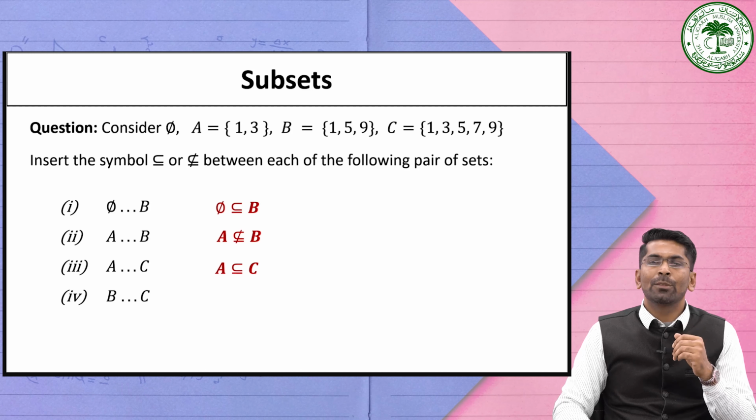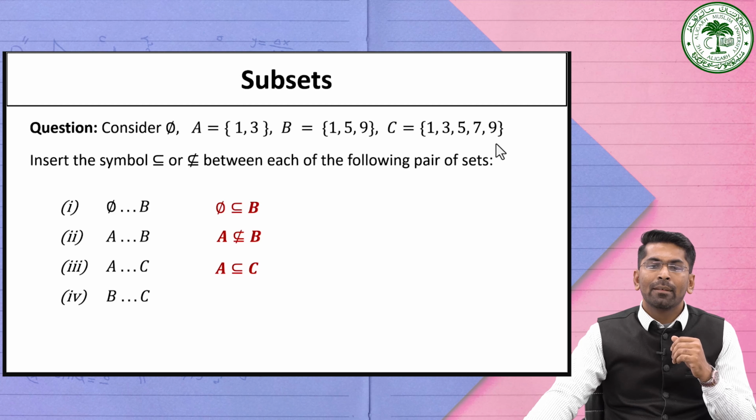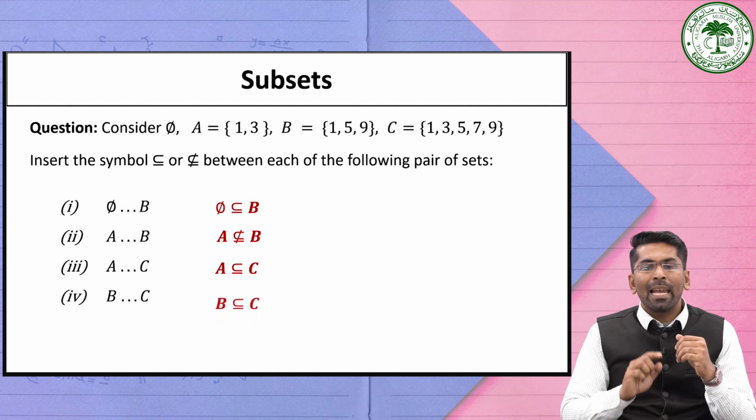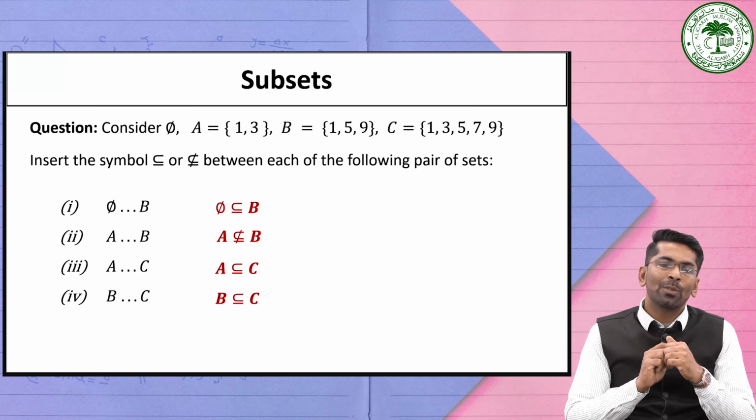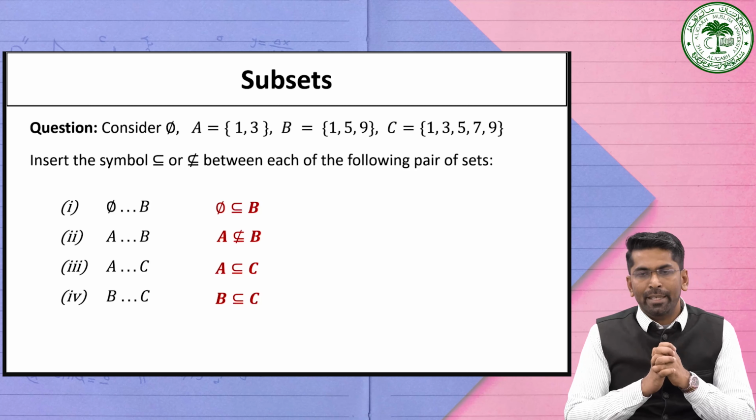The elements of B are 1, 5, 9, and the elements of C are 1, 3, 5, 7, 9. So set B is a subset of C because every element in B is also an element in C. Therefore, B is a subset of C.